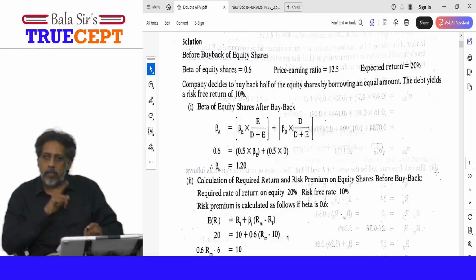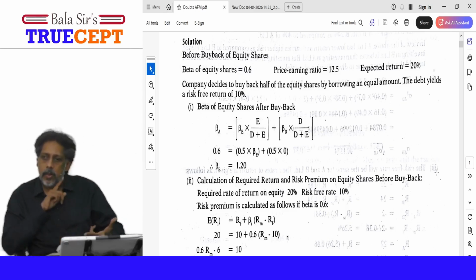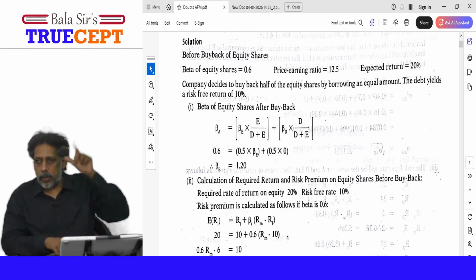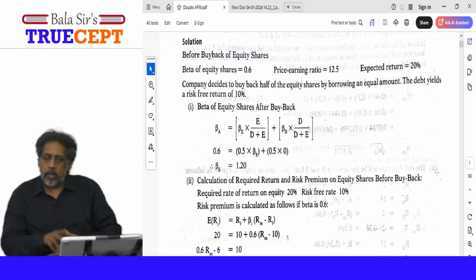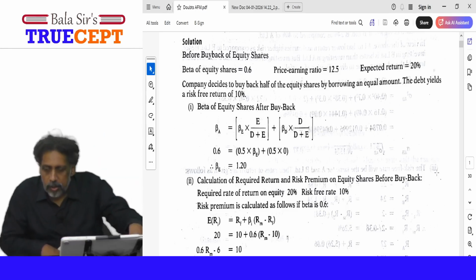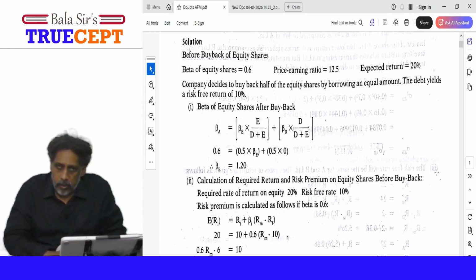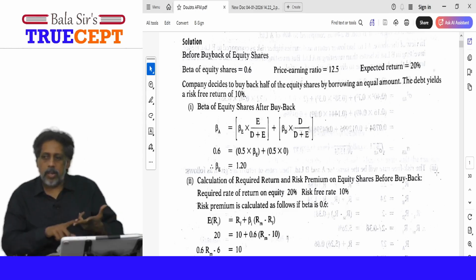So 0.5 divided by 0.5 plus 0.5, basically 1, or you can take 50 rupees upon 50 plus 50. Beta debt is taken as 0 because they also given that the debt is risk free. So 0 is the beta debt, times 0.5 by 1, or 50 by 100.